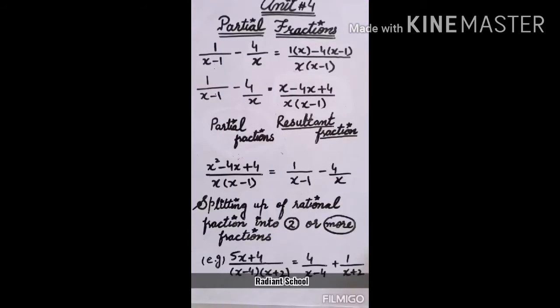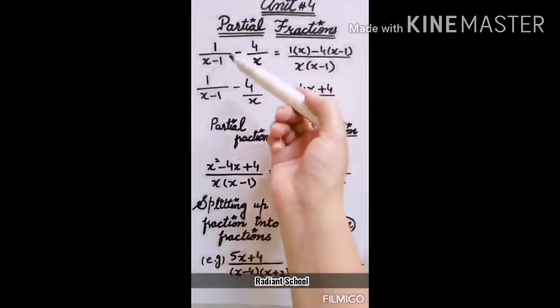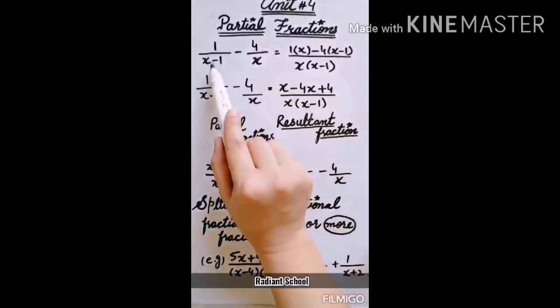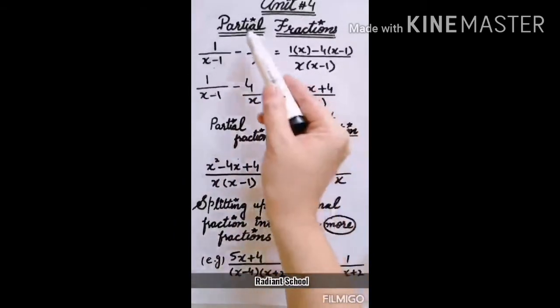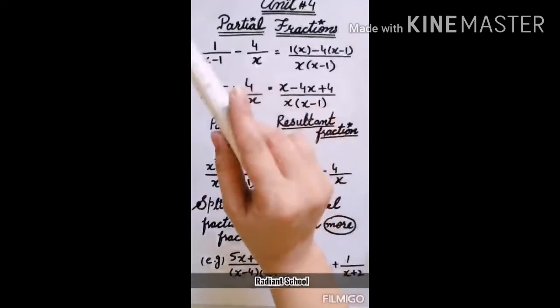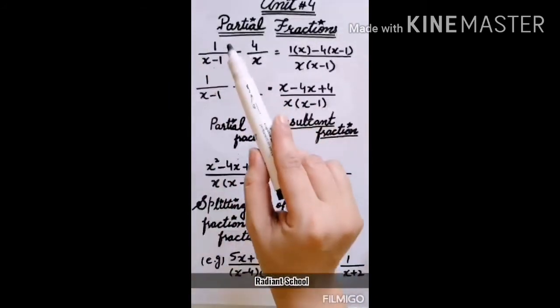Okay students, now we will discuss partial fractions. Before discussing partial fractions, let's discuss the LCM. Suppose you have two fractions, 1 over x minus 1 minus 4 over x, and I ask you to simplify these two fractions, to write them in the simplest form.